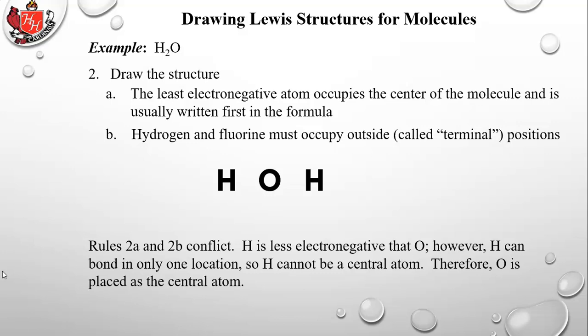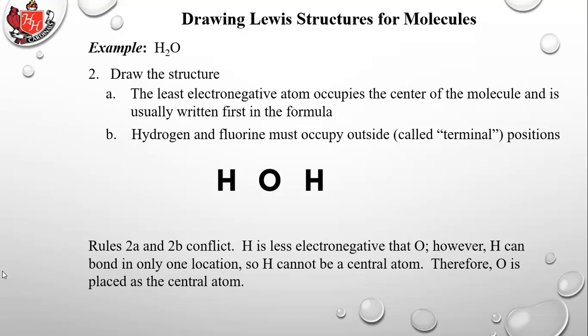Hydrogen is less electronegative than oxygen. However, hydrogen can bond in only one location. So hydrogen cannot be a central atom, therefore oxygen is placed as the central atom. Again, think about that. Hydrogen only has one electron. It can only bond on one side. It can't be a central atom if it can only bond on one side.